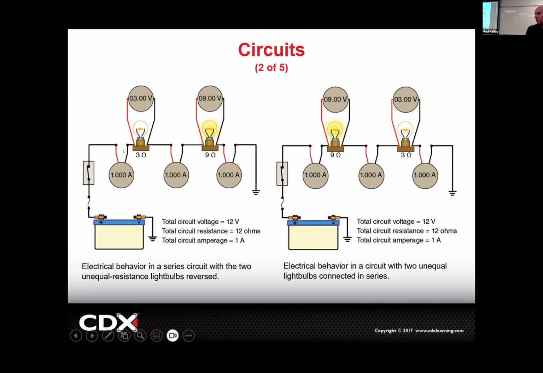All right, so therefore there's going to be a voltage drop. That's the law. This is telling us the laws, and this is showing us what it does. So if there was resistance here, it's going to drop voltage. In this case, it was a beautiful example. 3 ohms of resistance is going to drop 3 volts. 9 ohms of resistance is going to drop 9 volts. It's just the way it is. It's going to drop the full voltage, and it's going to drop it proportional to the amount of resistance throughout the circuit. Okay?